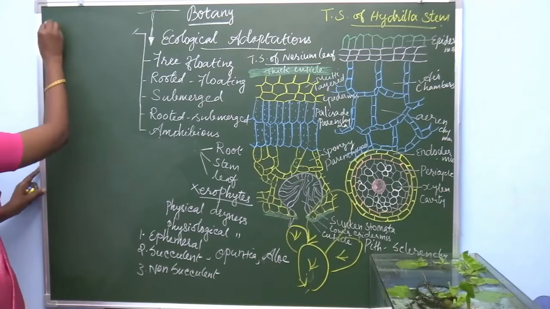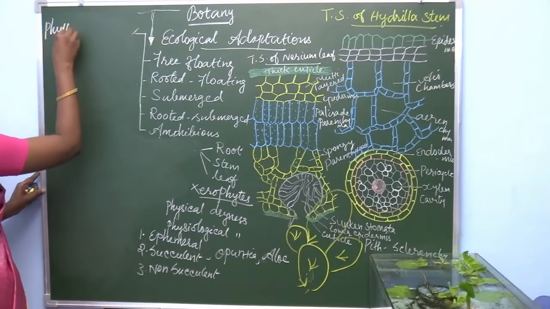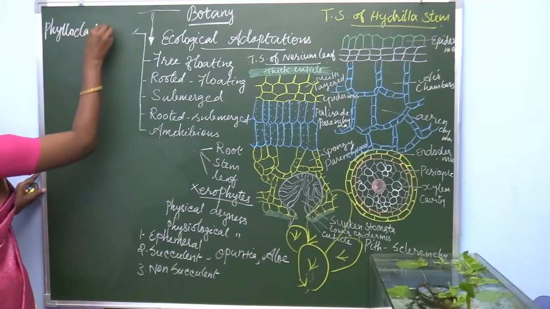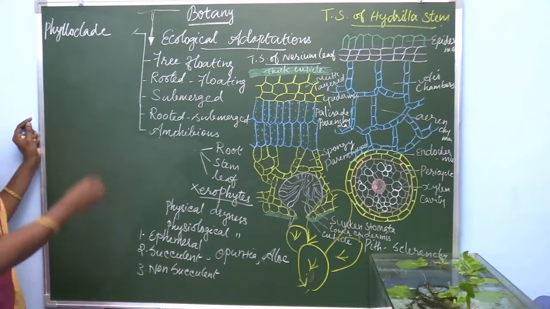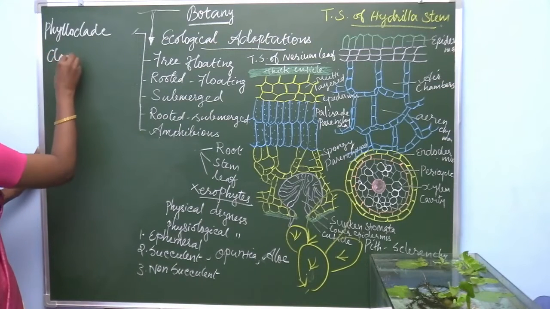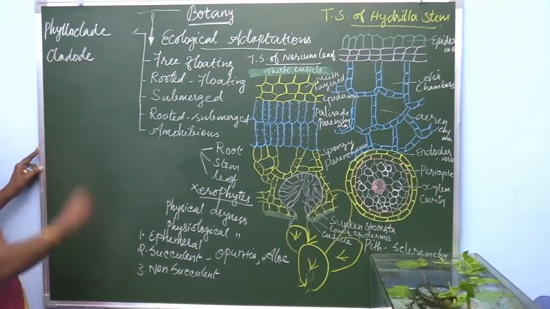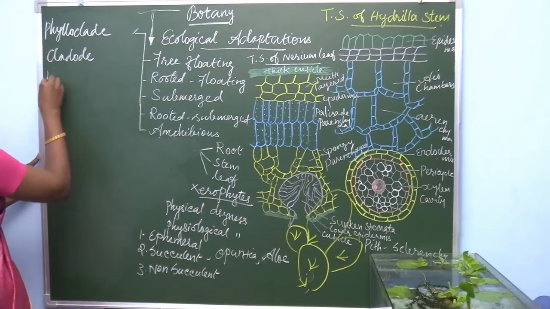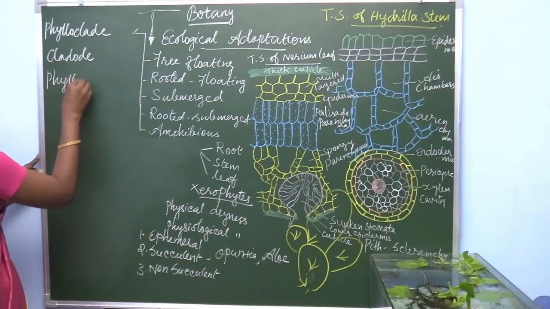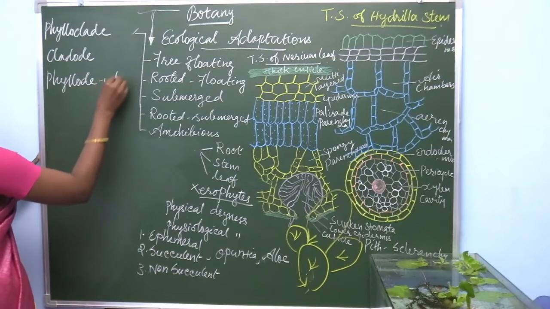They are phylloclade, observed in opuntia, cladode, and phyllode in acacia.